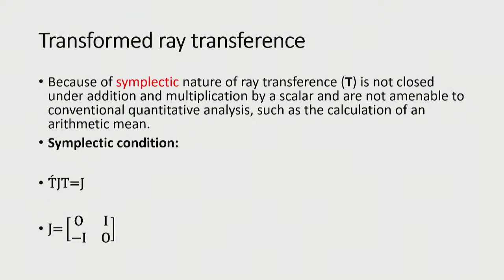And now, the word symplectic is very common in physics. Because the transference is not symplectic, it means we cannot do any calculation inside. We can't do any multiplication on it. So now, we have to transform it into a form that will allow us to do all the calculations.